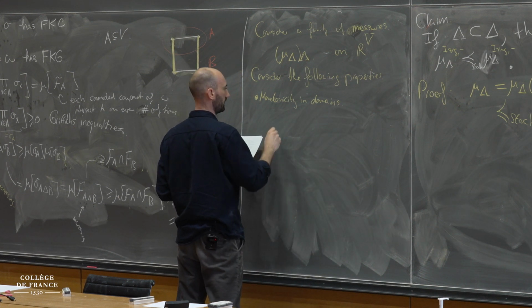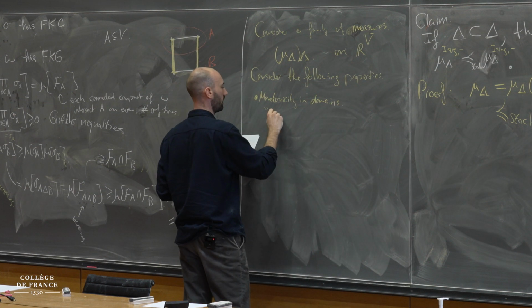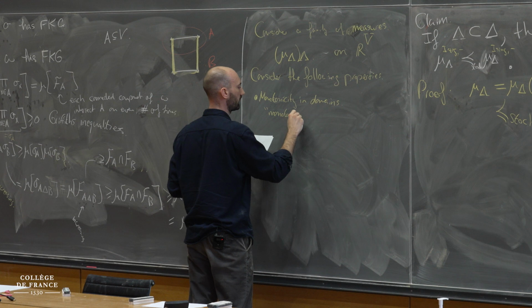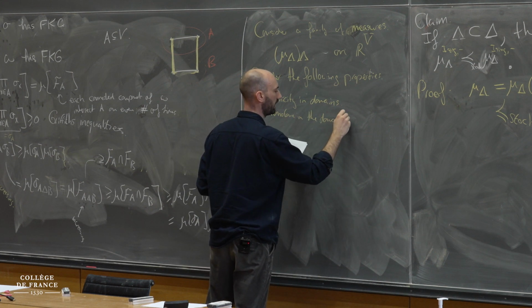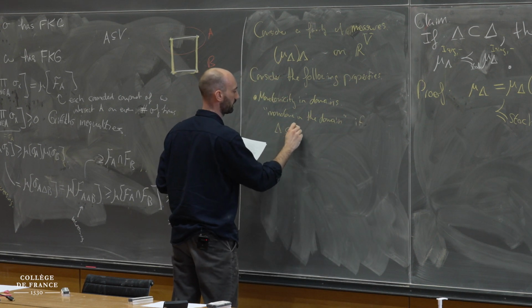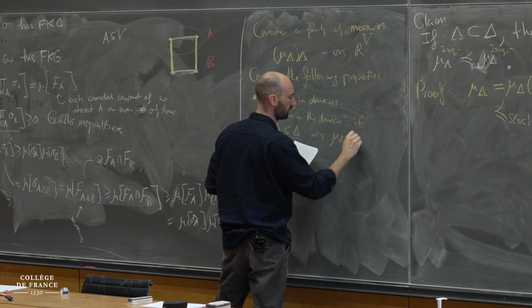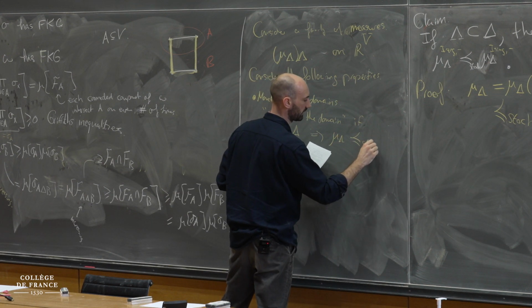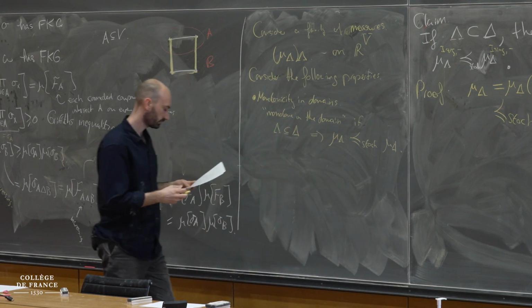We call it monotone in the domain if lambda subset of delta implies mu of lambda stochastically dominated by mu of delta.